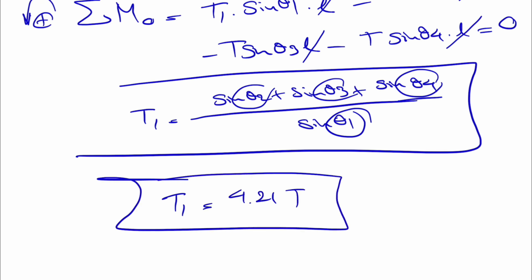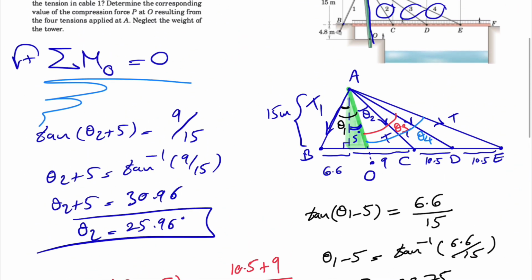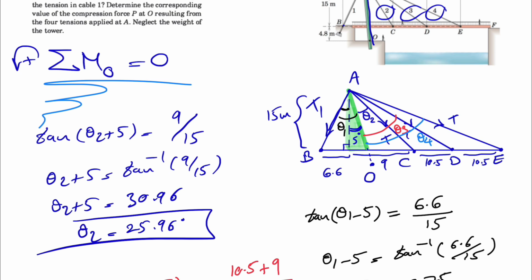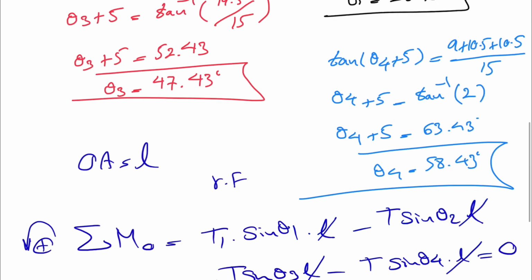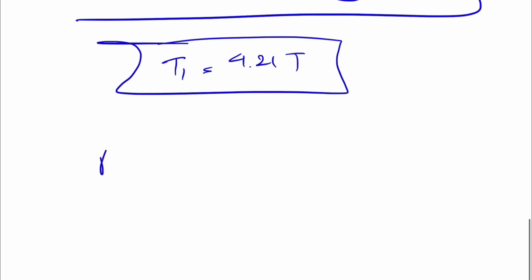So that's the part of the question that we have to find the t1. And for finding the p, or the compressive force in OA, all we need to do is just add all the other components of each of these tensions, which will be parallel to OA. And as we discussed, it will be cosine of each of these angles. So if we want to find the p, it's pretty easy. They're all in the same direction.